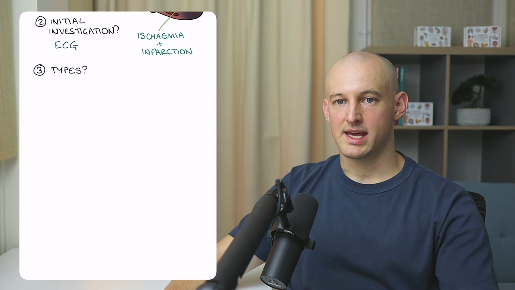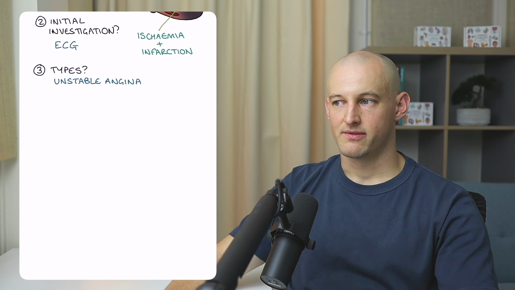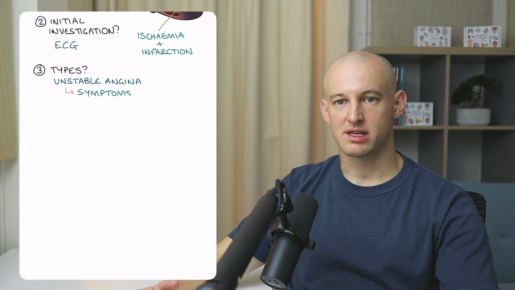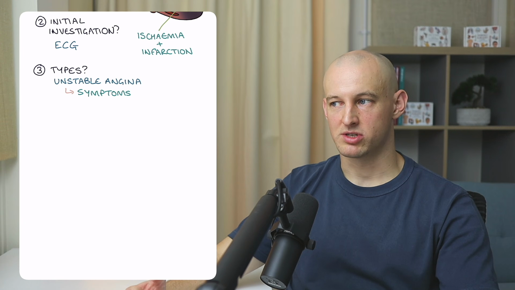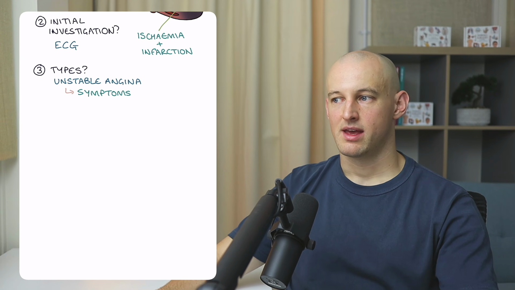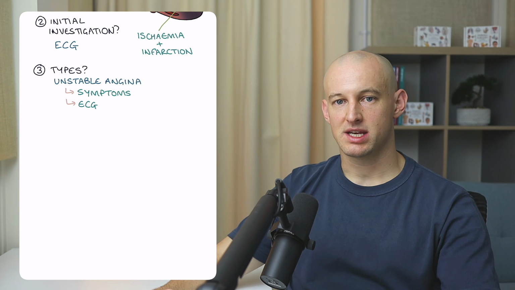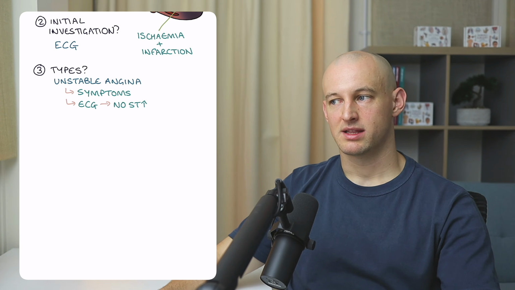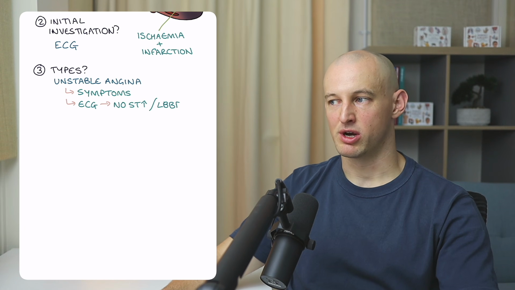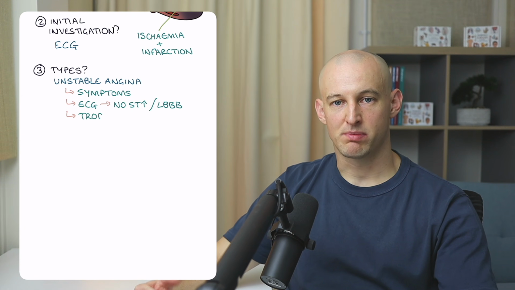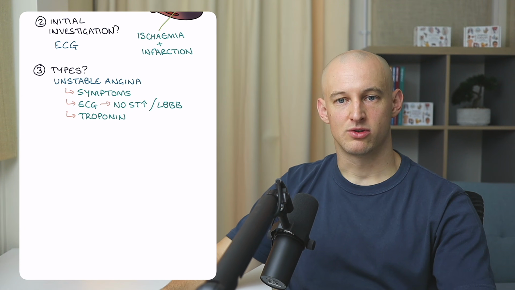The first type is unstable angina, and this is where you have symptoms of acute coronary syndrome, so chest pain at rest. But when you do the ECG, there's no ST elevation, there's no new left bundle branch block, and when you check the troponin blood test, it's normal.